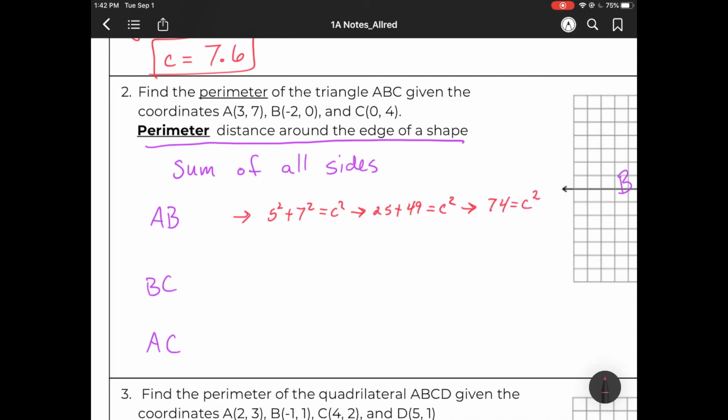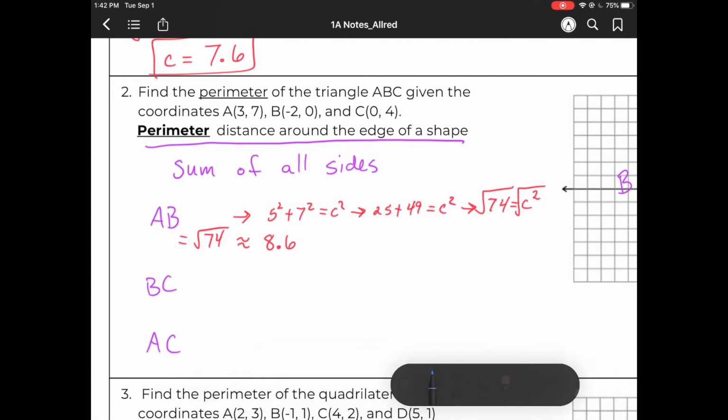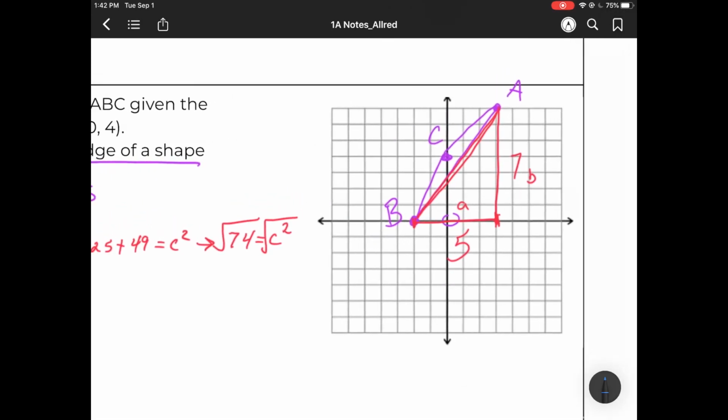So 74 equals C squared. To find C, we take the square root of those. So AB is the square root of 74, which, if I plugged in my calculator, is about 8.6. Okay? So let's move right along and find the length of BC.